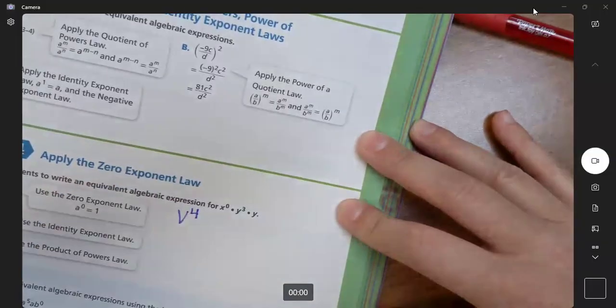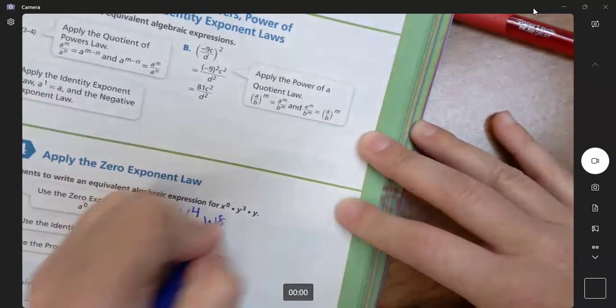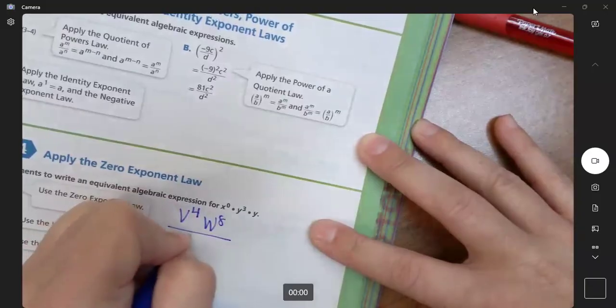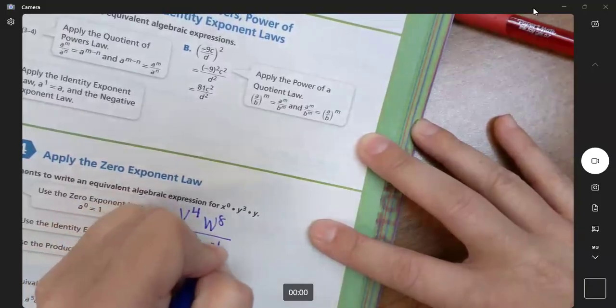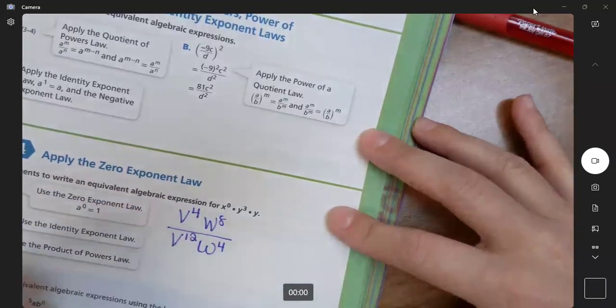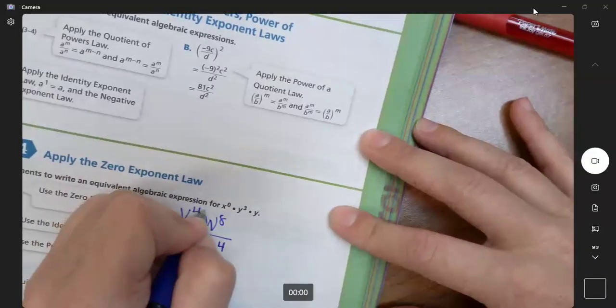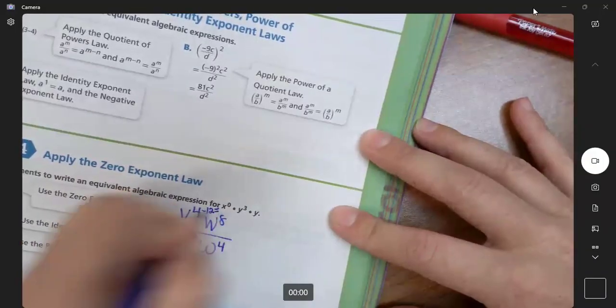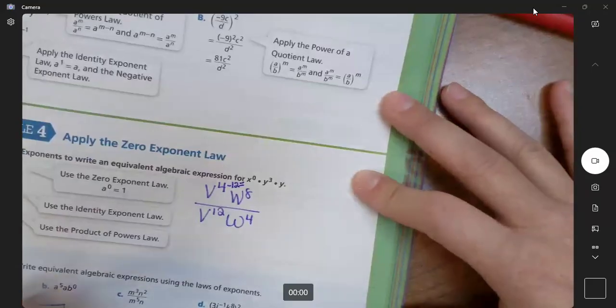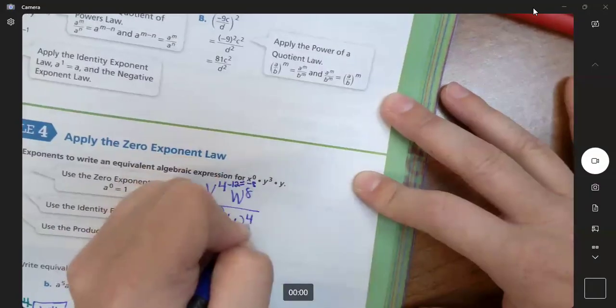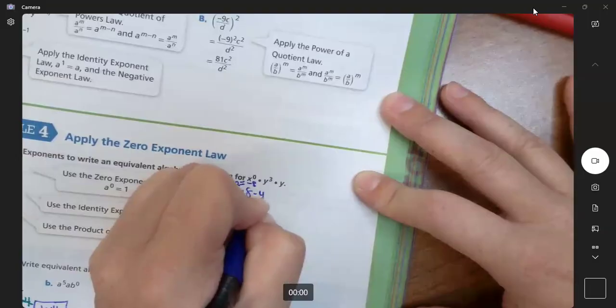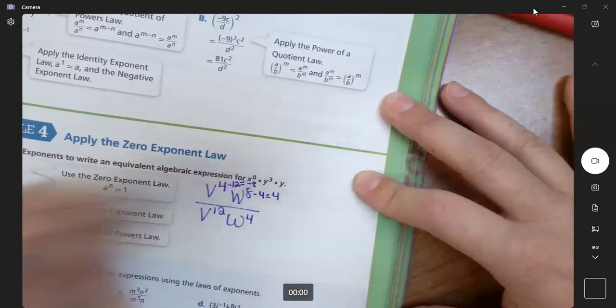What do we have? V4, W8. We have V12, W4. Still do the subtraction. 4 minus 12 is negative 8. And then you're going to do 8 minus 4 is positive 4.